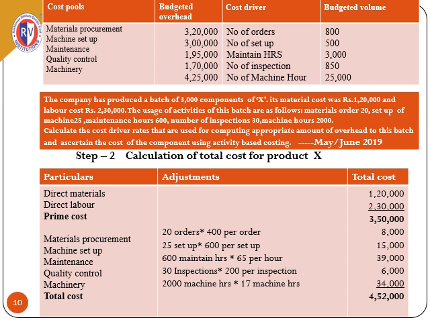When we add the 1,20,000 material cost with the labor cost of rupees 2,30,000, the total is 3,50,000, which is called the prime cost. Then we have to add all the different activity costs based on the ABC method. The activities are given: material procurement, machine setup, maintenance, quality control and machinery.